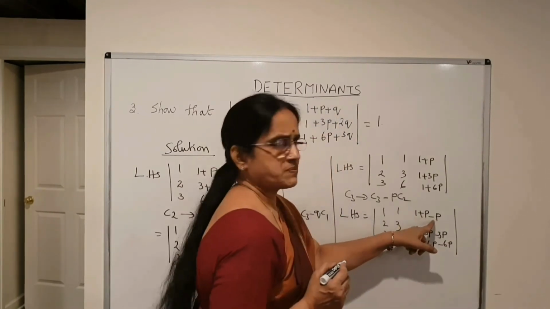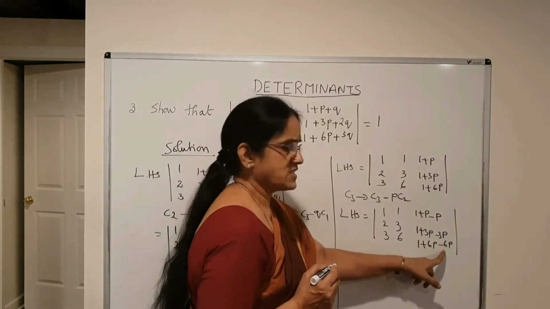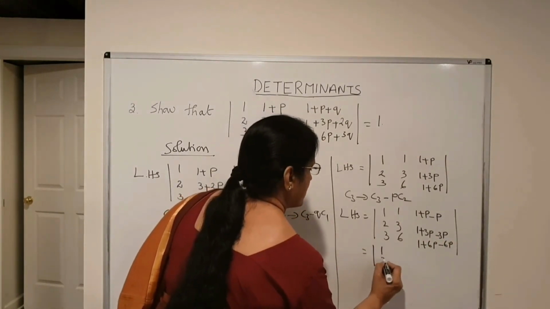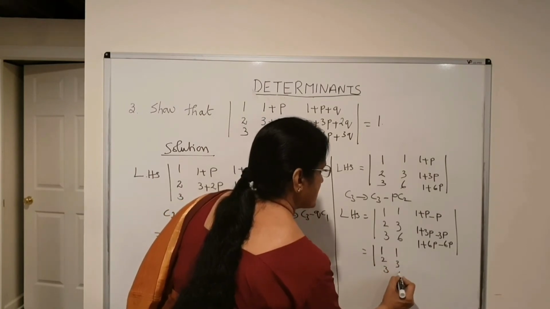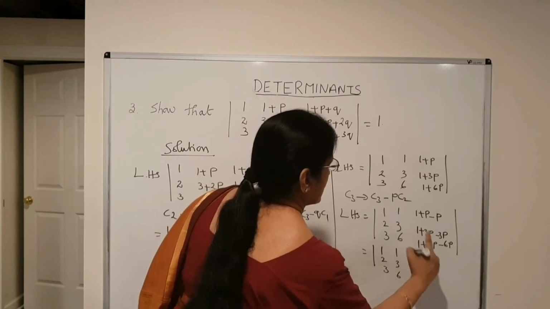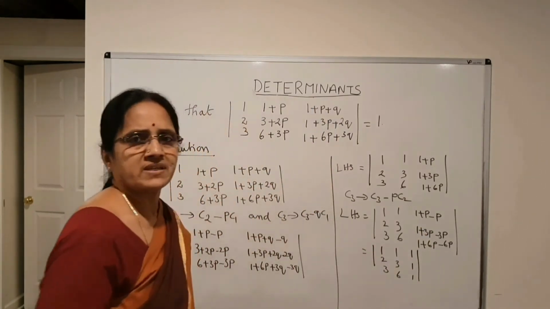So P and minus P will get cancelled. 3P minus 3P will get cancelled. 6P minus 6P will get cancelled. You will be left with 1, 2, 3, 1, 3, 6. Here I will be having 1, then 1, 1, 1. That's all I will be having here.